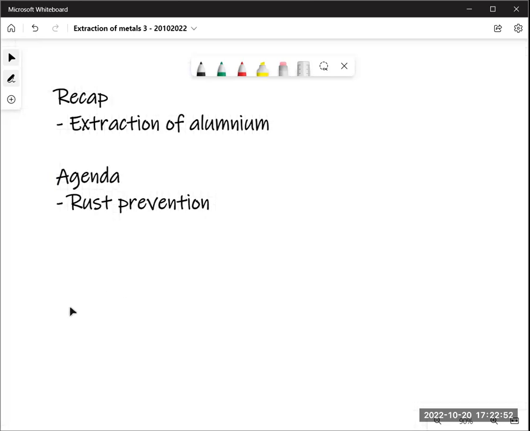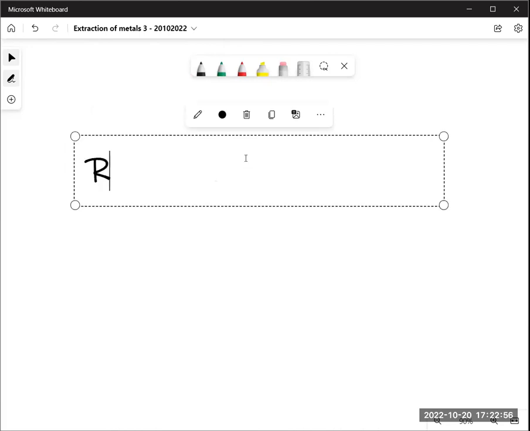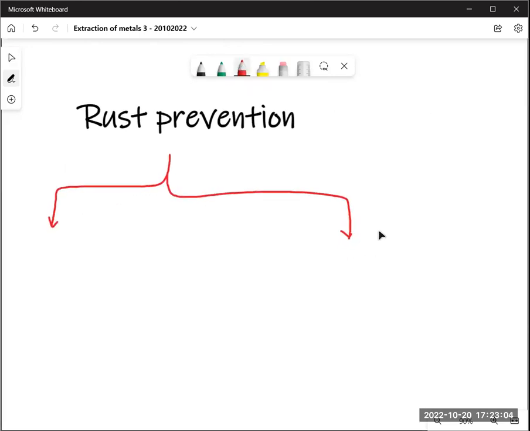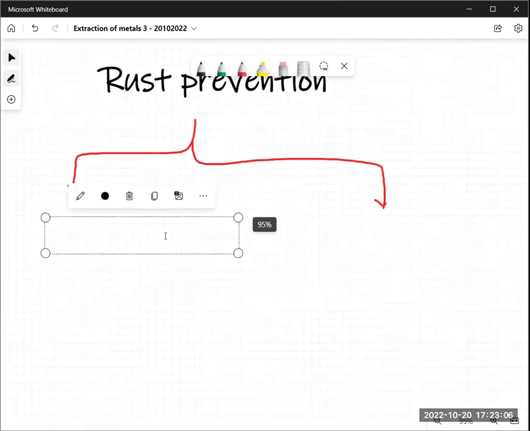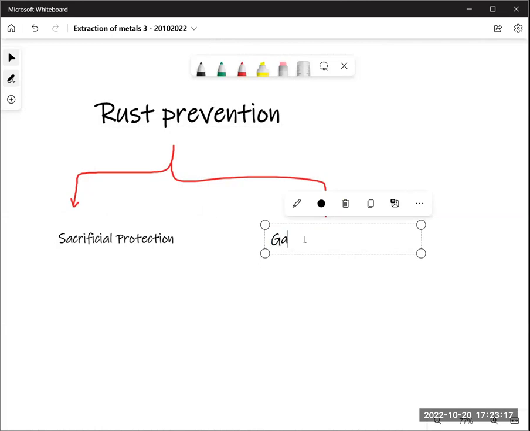Agenda, which is rust prevention today. Now, what is rust prevention? Well, there are many things, obviously, but two main things. The first thing is called sacrificial protection, and the second thing is called galvanizing.